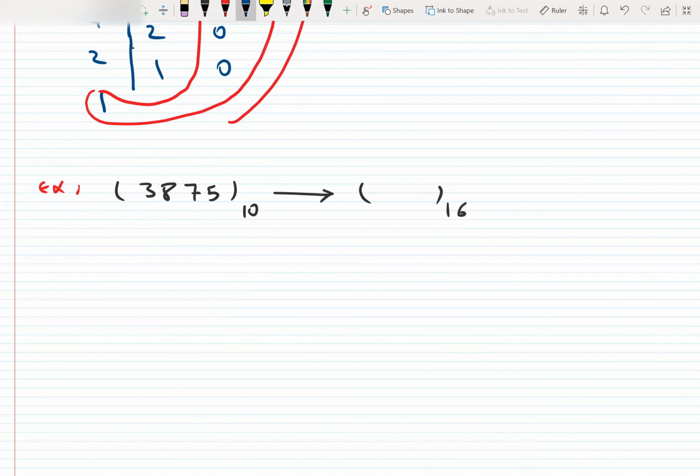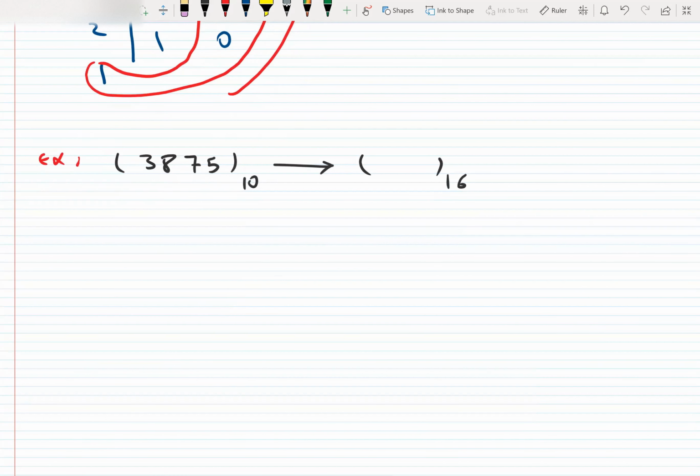Okay, so let's see how you did to solve this example. We say 3875 divided by 16, because we want to convert it to base 16.